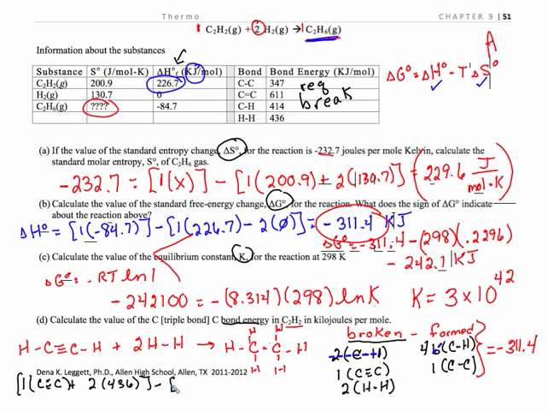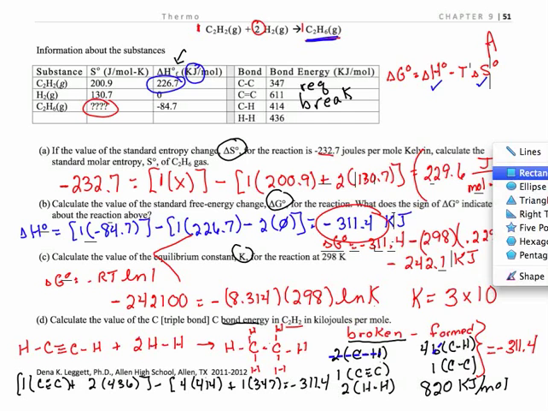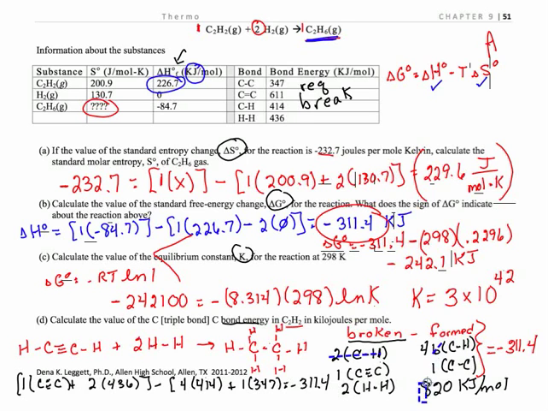So I netted 4, and I'm stuck here. 4 times 414 plus 1 times 347 is equal to minus 311.4. And when we are done with that, we get 820 kilojoules per mole of triple bonds broken. So that's what the per mole means there. That's the energy required to break that triple bond. Let me put a little box around it. That was our final answer for D.